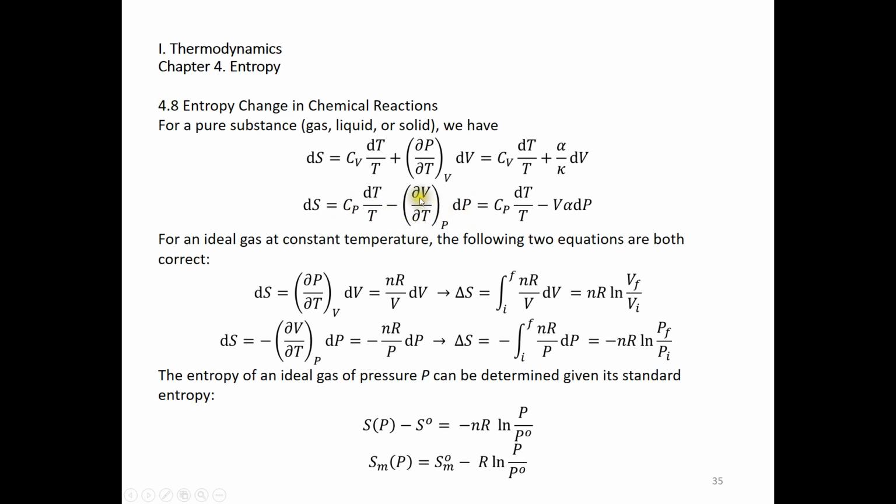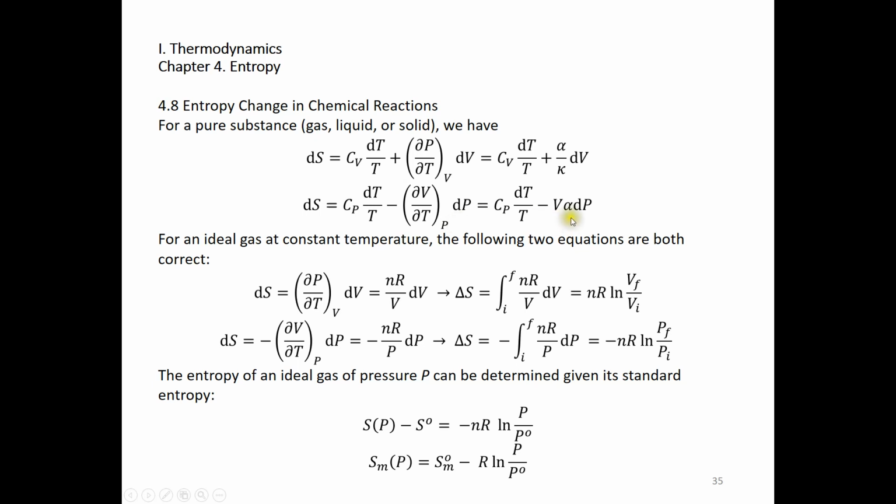For an ideal gas, ∂V/∂T under constant pressure is simply nR over P. We just need to integrate negative nR over P dP for an ideal gas. For a real gas, we can still use this equation to get an approximate result. For a liquid or solid, we use this equation. This is because alpha is defined as ∂V/∂T divided by V. Therefore, V times alpha is ∂V/∂T at constant pressure.